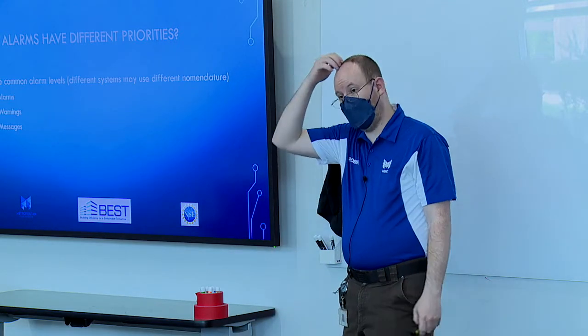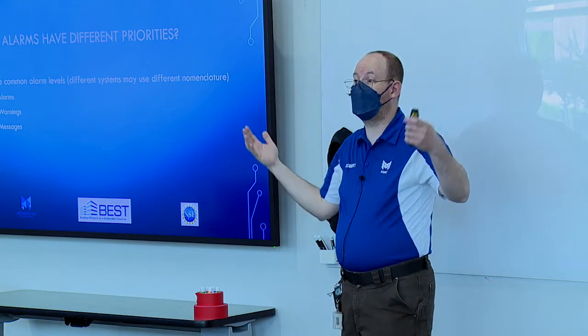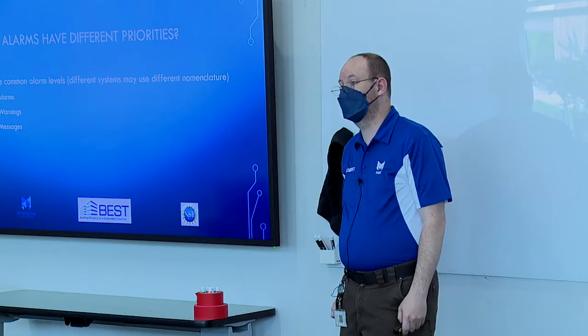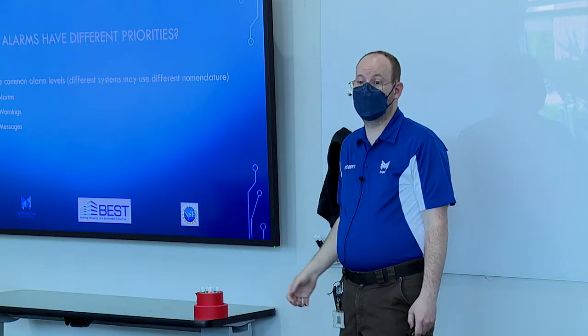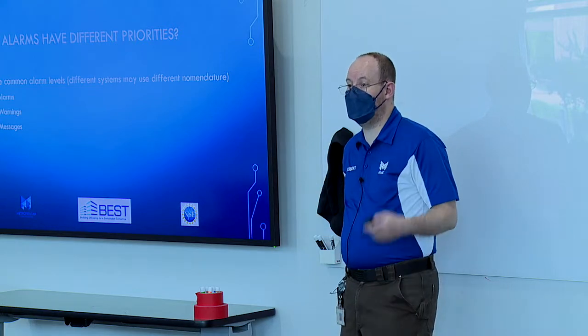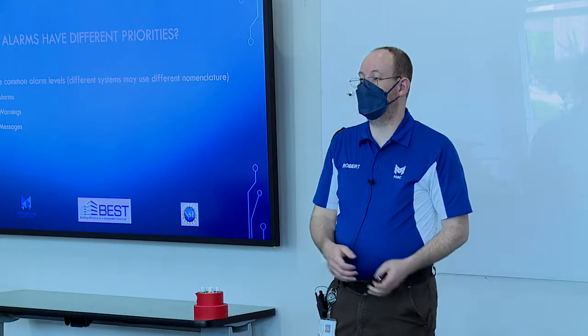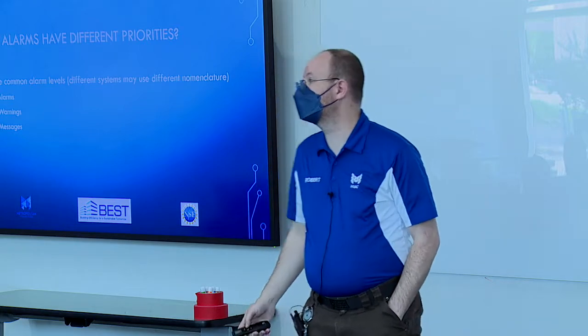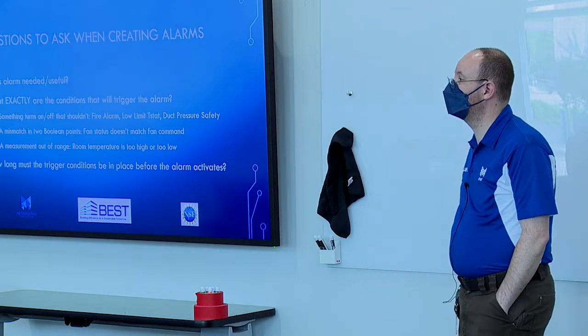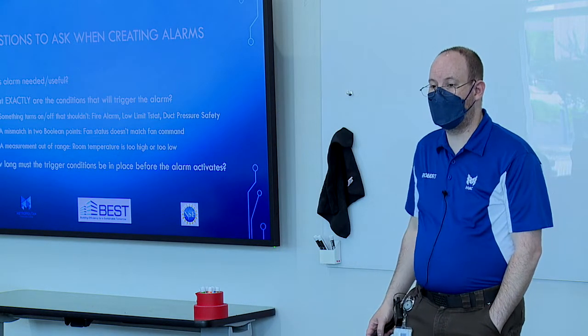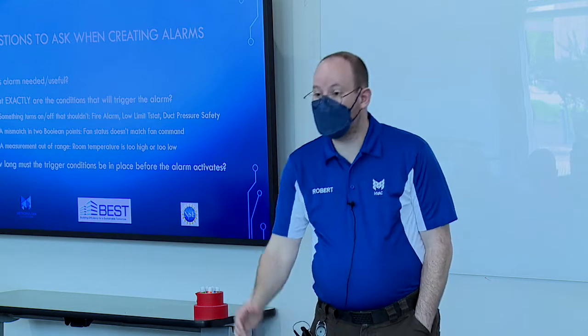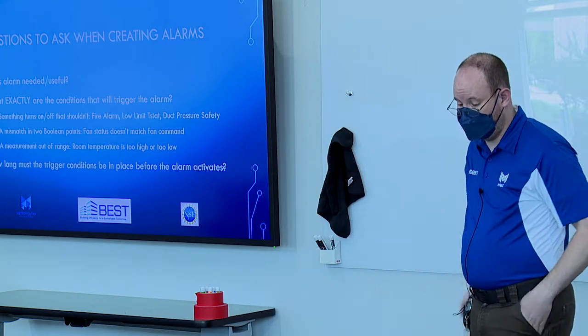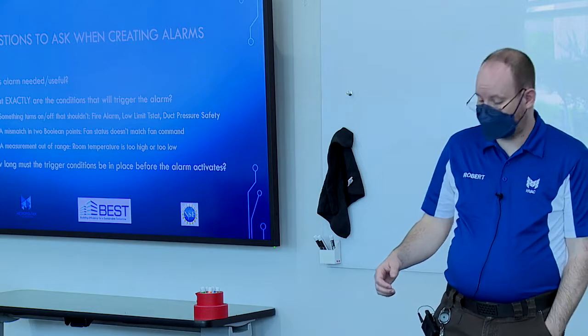I dealt with one older system that had 64 different priorities for alarms. Like, okay, that gives me all the versatility I could never want. Talk about overkill. Some BFDs have alarms and then they have faults. Yep, alarms versus fault. That's a great comparison.